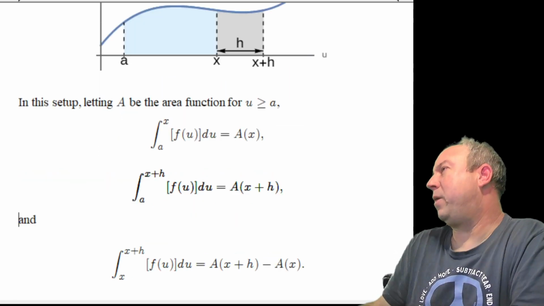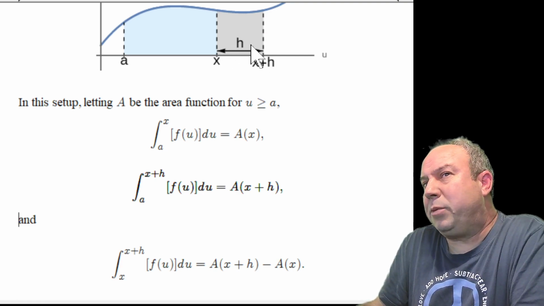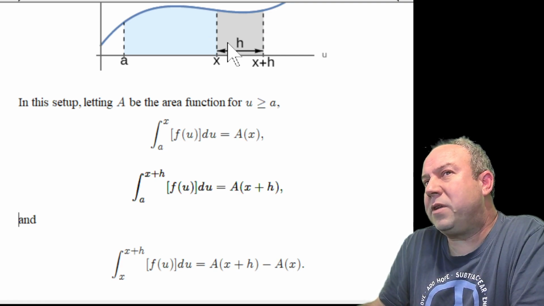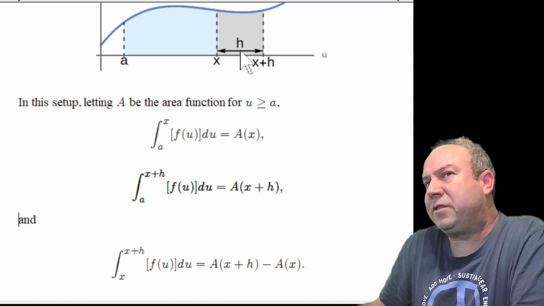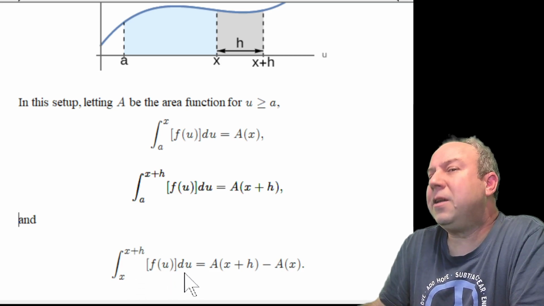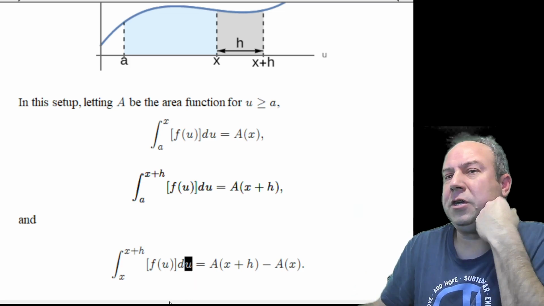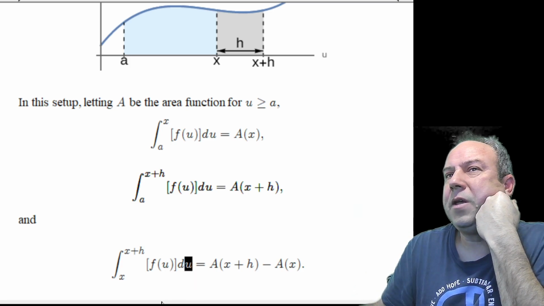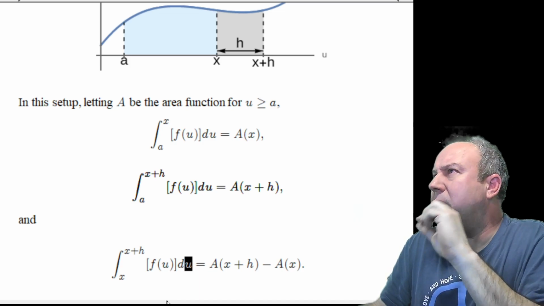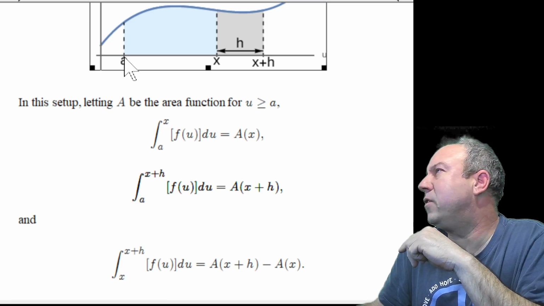To go from x to x plus h, we understand from the definite integral the area trapped by this function over that interval is the definite integral from x to x plus h for that function integrated with respect to the independent variable of that function, u, where the area function won't tell us explicitly what that is in this case because the area function starts at a.